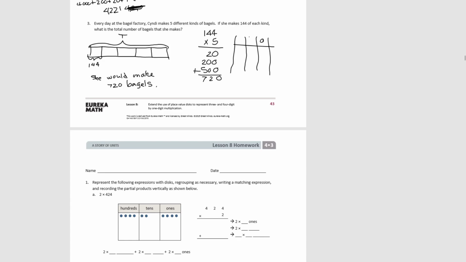Ones, tens, hundreds. So we start out with 144, 5 times. So I have 4 ones, 5 times.